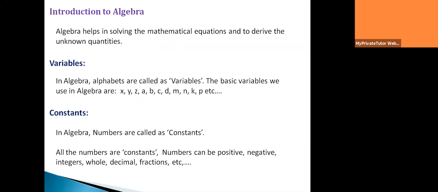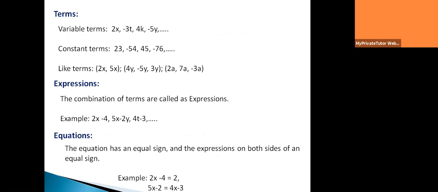I think you guys already know what variables are. Variables are the alphabets, we call alphabets variables in algebra, in mathematics generally. And constants are the numbers, which can be any numbers, positive, negative, whole, and everything.